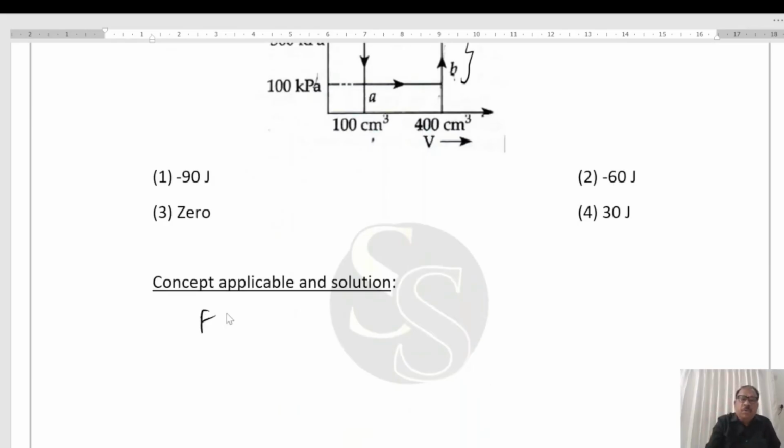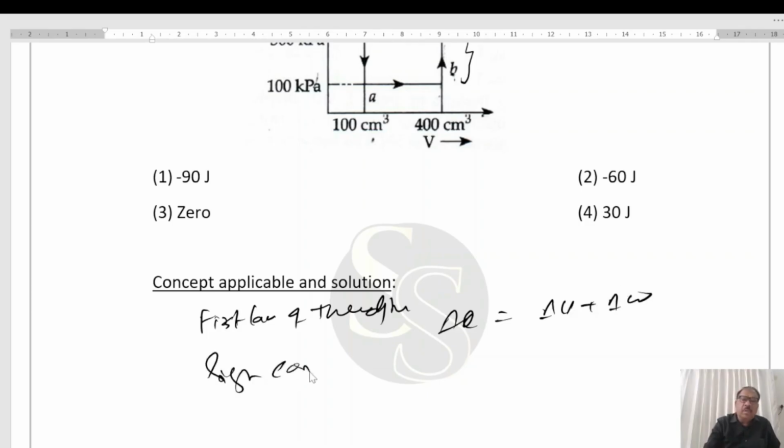What is the first law of thermodynamics? Delta Q equals delta U plus delta W. The sign convention is given: heat given to the system is positive, and heat taken out is negative.